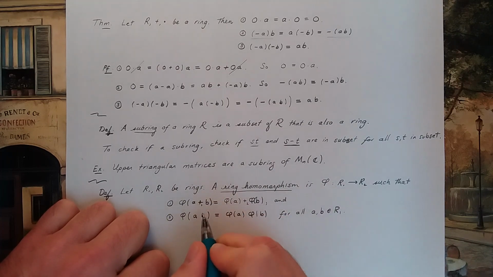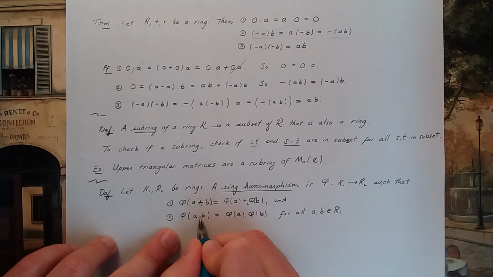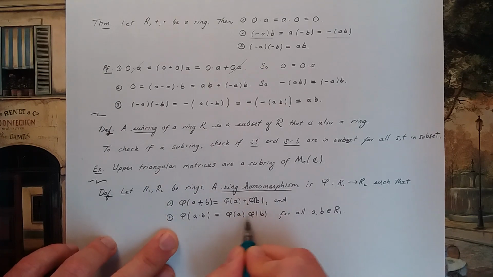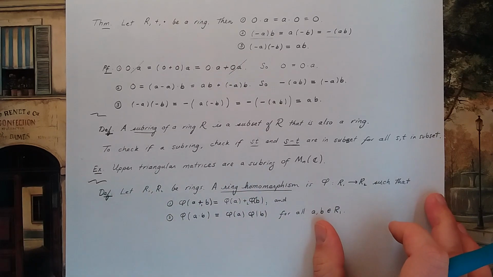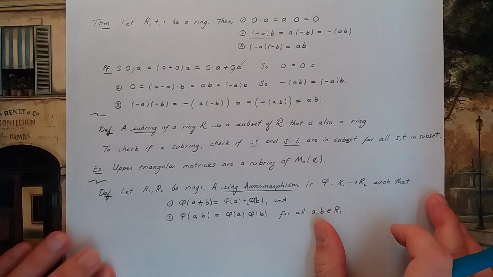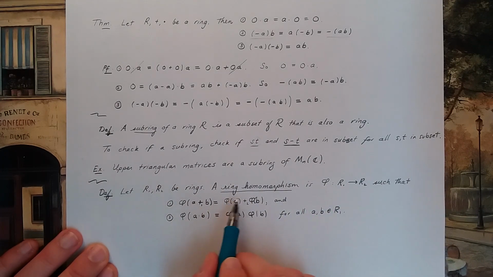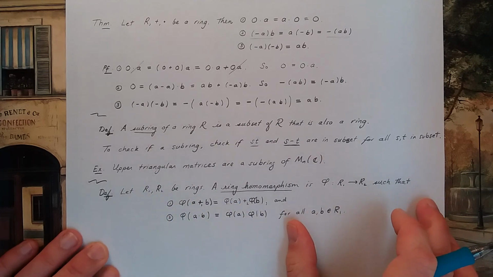It's ambiguous here possibly, but I think we're getting sophisticated enough to realize that this AB is the multiplication in R1, whereas this multiplication, phi of A times phi of B, is the multiplication in R2. So this should be very familiar from our study in group theory. It's almost the definition of a group homomorphism, except I have two binary operations. Phi has to interact nicely with both of them.